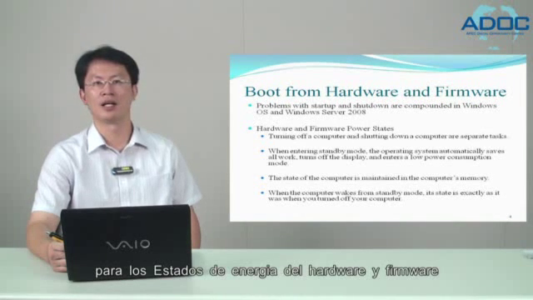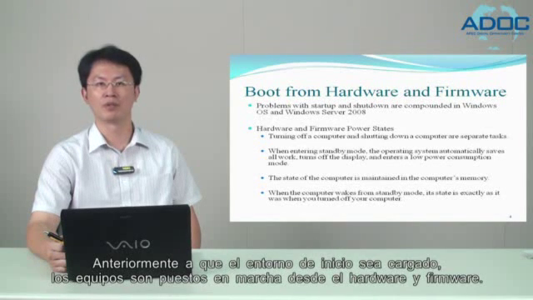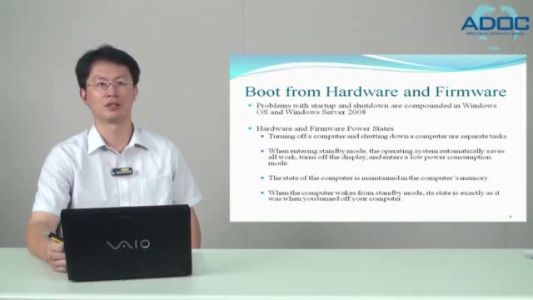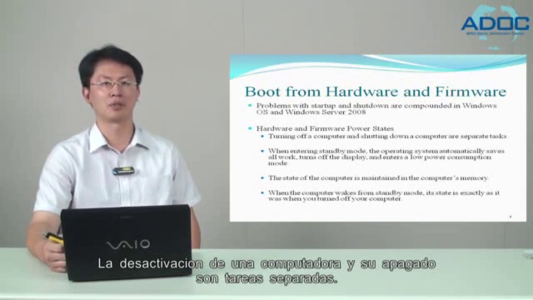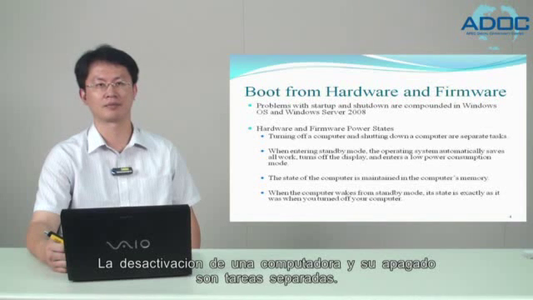For hardware and firmware power states, before the boot environment is loaded, computers start out from hardware and firmware. Turning off a computer and shutting down a computer are separate tasks.